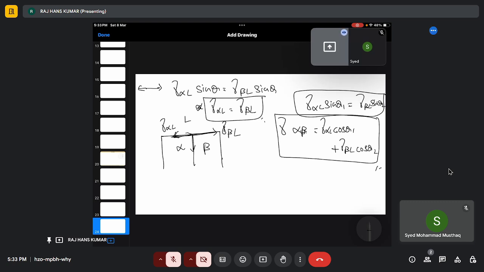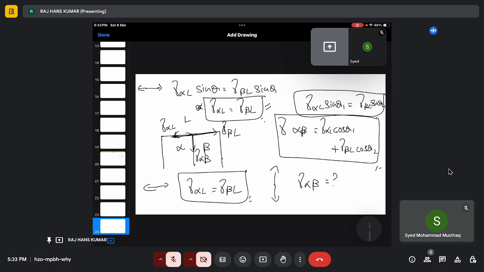This guy is gamma alpha beta. Now let's balance the horizontal forces. If I balance the horizontal forces, gamma alpha will equal gamma beta, which is not worrisome. We even got that here. Now what about the vertical forces? Who is going to balance this one?